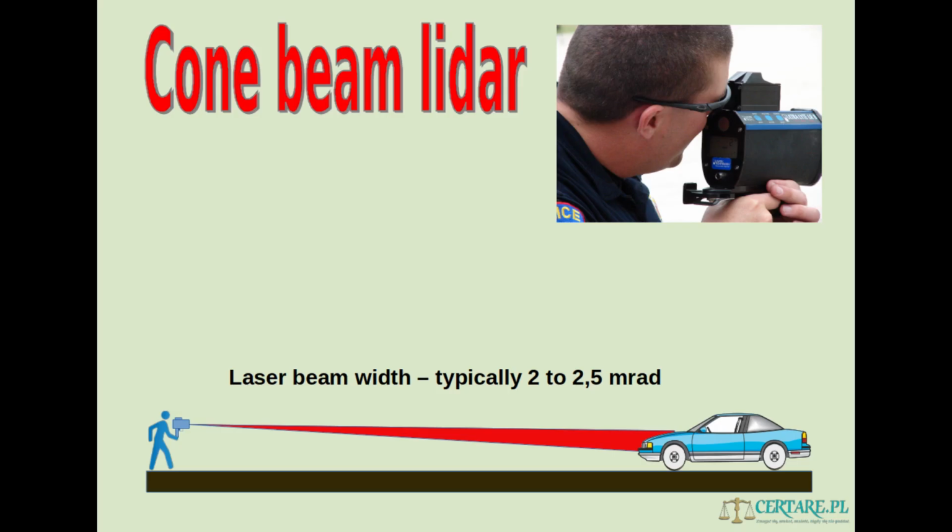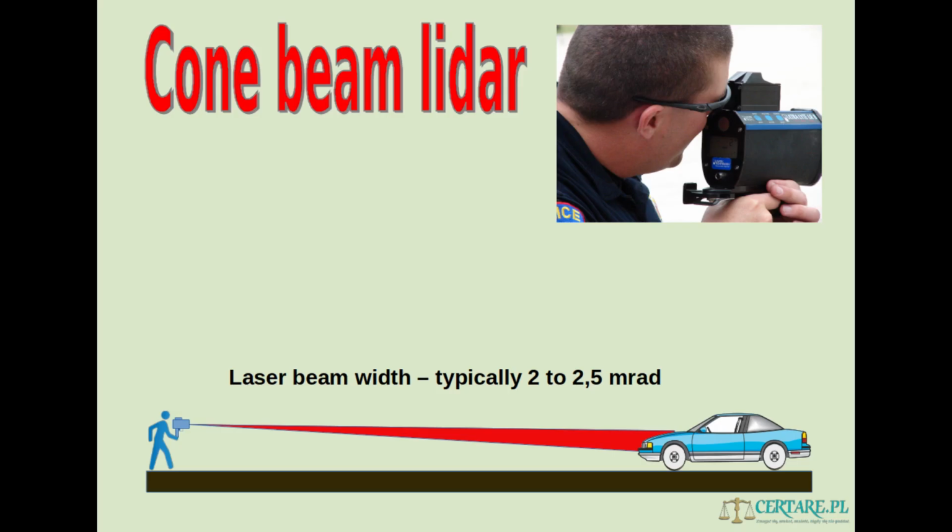For such small angles given in milliradians, it's very easy to understand, because 2 milliradians means that the beam is 2 millimeters in diameter at a distance of 1 meter, or 2 meters in diameter at a distance of 1,000 meters.